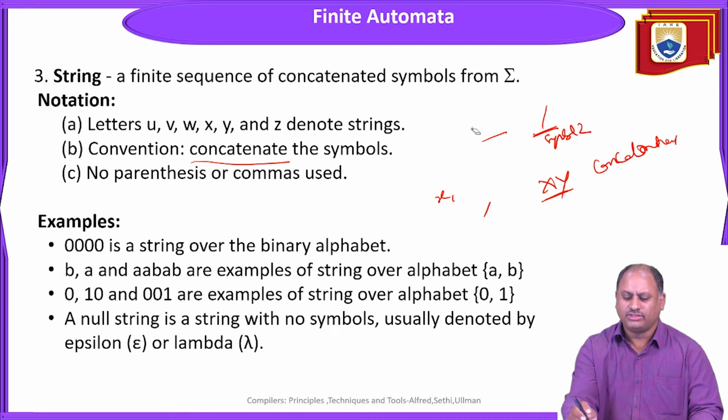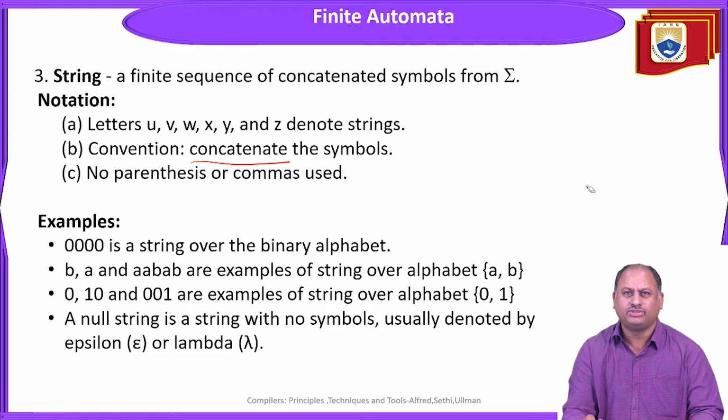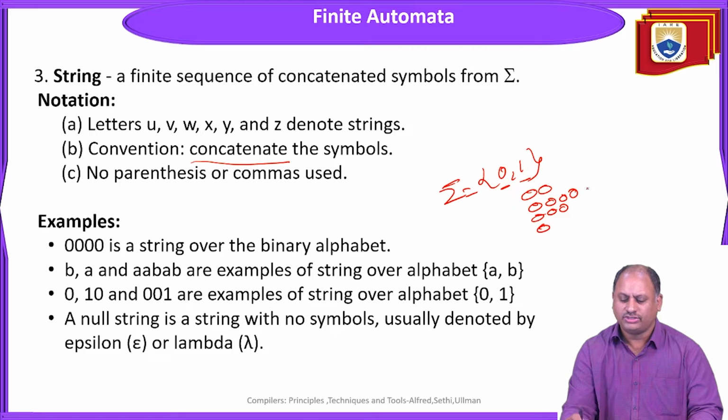For example, here we describe a string with an alphabet. For example, 0, comma 1 is an alphabet. Let sigma be defined with the alphabet 0, comma 1. Then all the strings defined with that alphabet, 0 and 1, for example, 0, 0, 0, 0 with four zeros, three zeros, and so on, all of these zeros are considered here. That comes under the binary alphabet 0, comma 1.